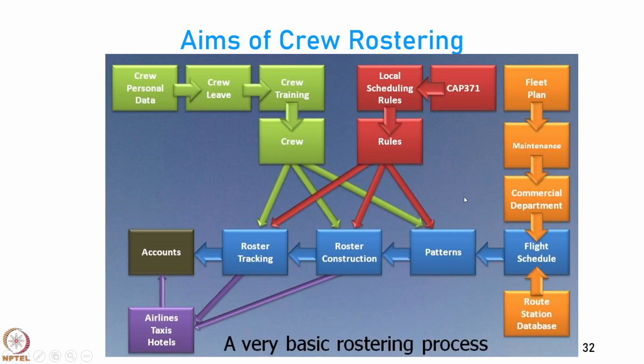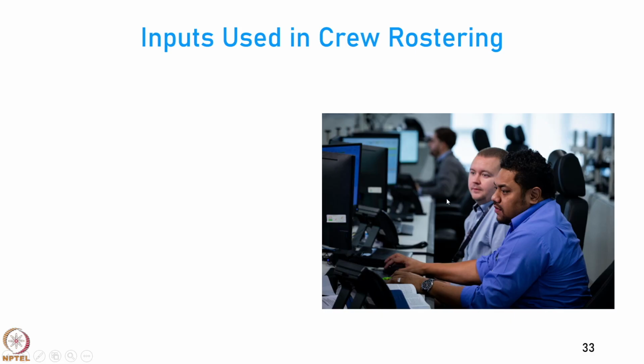It may be easy to say, but here is a graphic that shows the complexity of a very basic rostering process, where on one hand you have the crew members, on the other hand you have the rules, and there are various other considerations which play a role in bringing it together. Let us break it down slowly one by one.